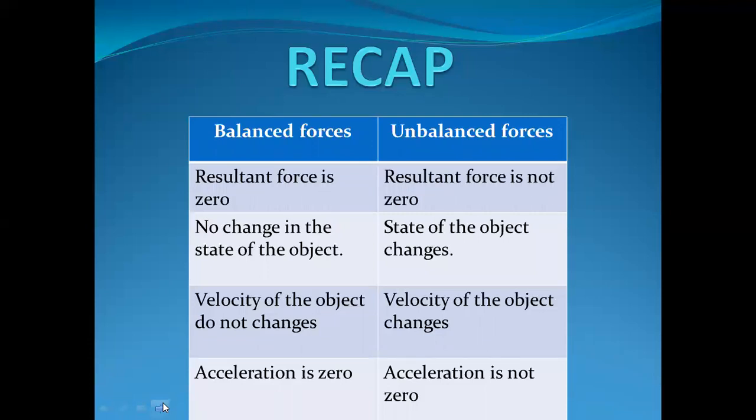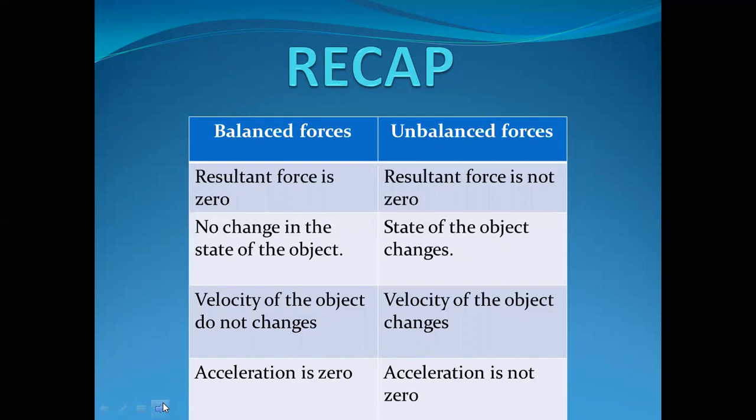In the last, we are going to do the recap of balanced forces and unbalanced forces. If the resultant force acting on the body is zero, then the forces acting on the body are said to be balanced. If the resultant force acting on the body is not zero, then the forces acting on the body are said to be unbalanced forces. Under the action of balanced forces, there is no change in the state of the object. Under the action of unbalanced forces, the state of an object changes.